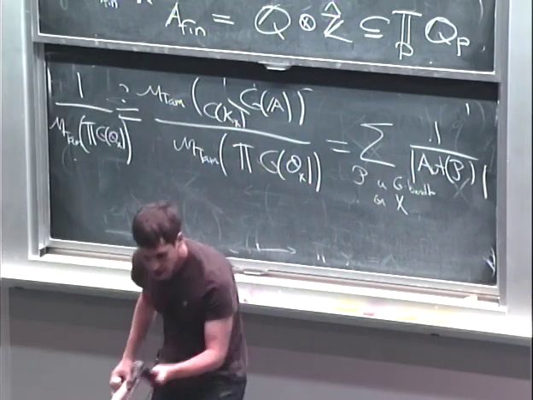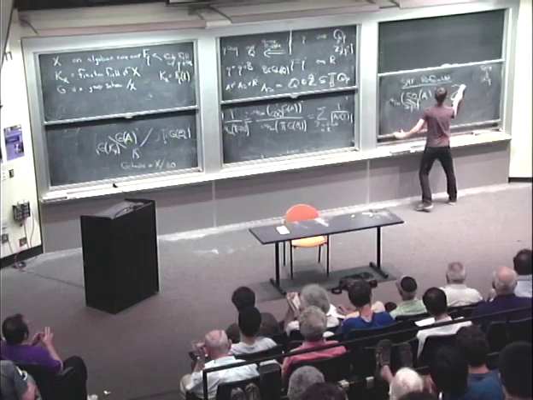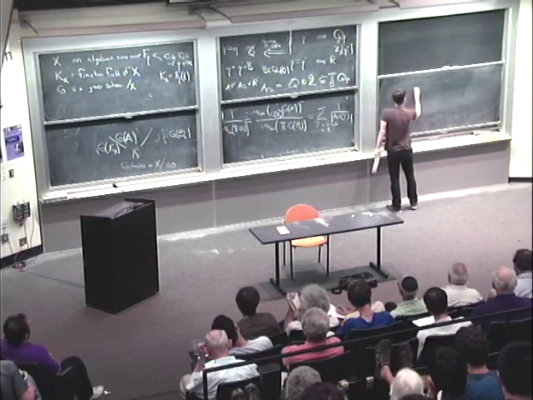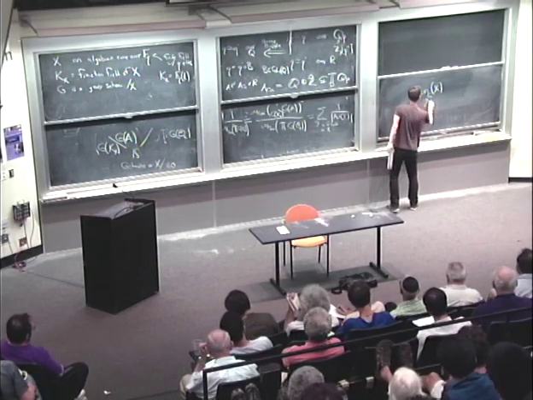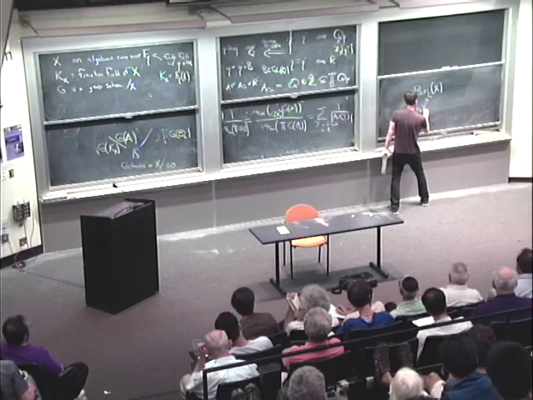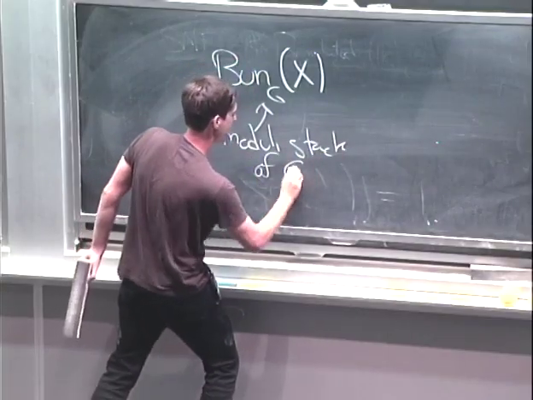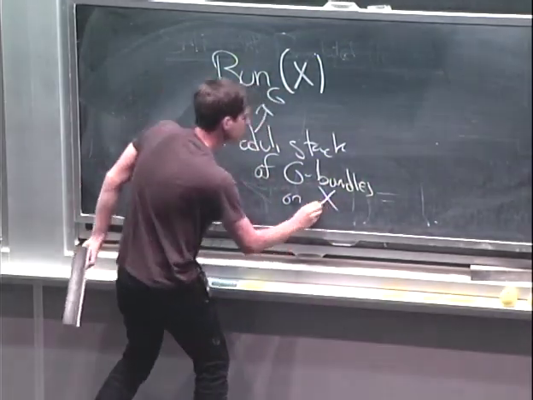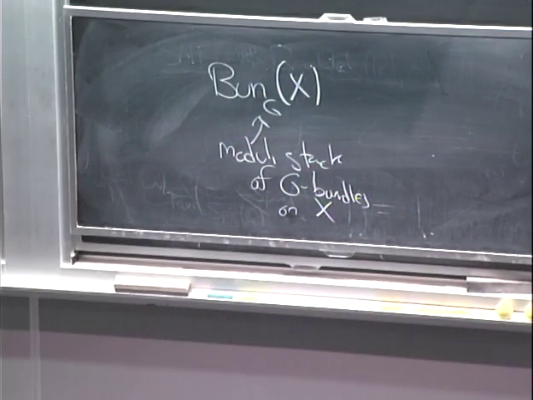So for that, let me introduce a bit of notation. I'm going to write Bun_G(X) for what people call the moduli stack of G bundles on X. So this is an algebro-geometric object that has the following universal property.